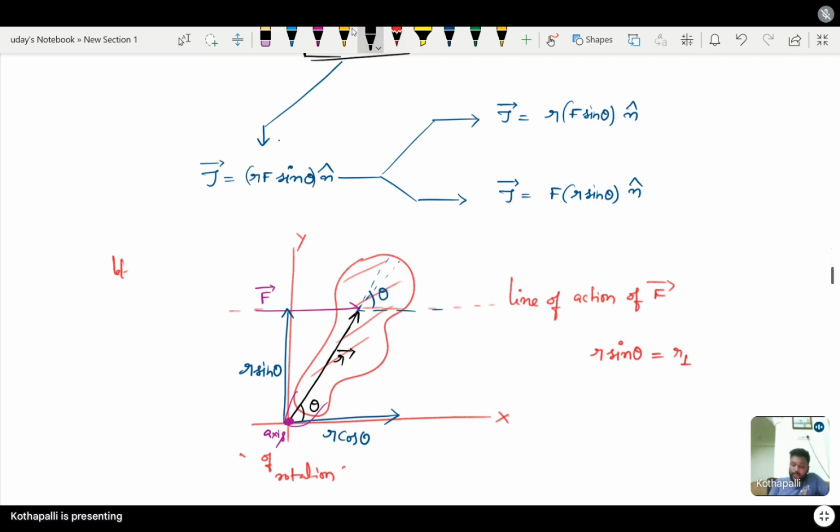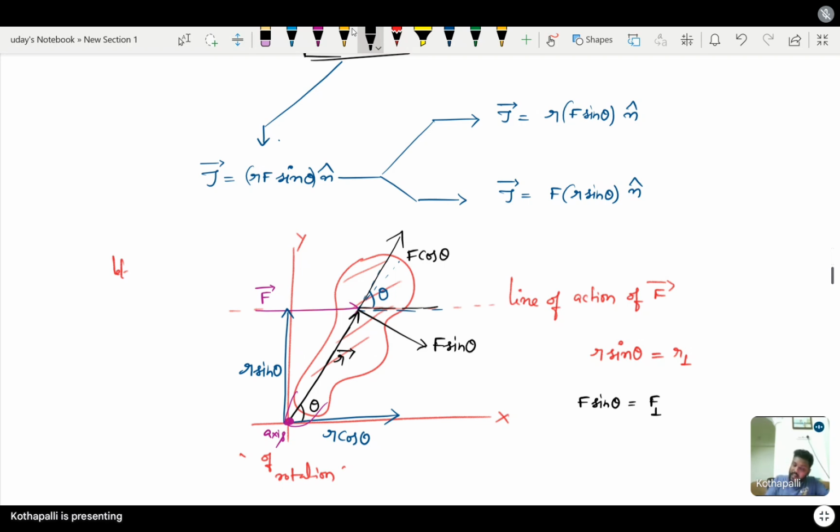Exactly. If I take the components of F, this is the line of F. So this component will be F cos theta, and this component will be F sin theta, where F sin theta is nothing but the perpendicular component of force to the position vector. So F sin theta we can also call F perpendicular.